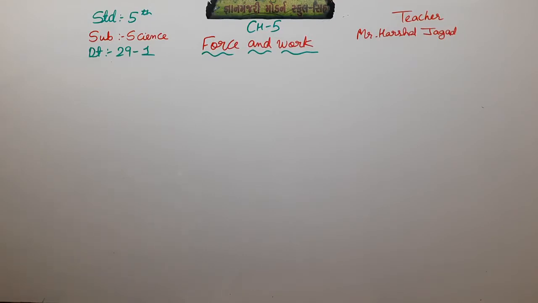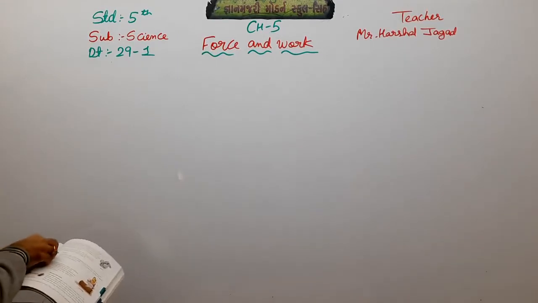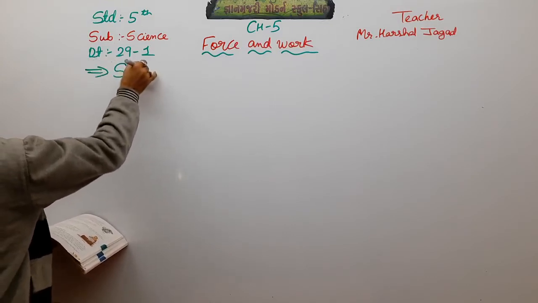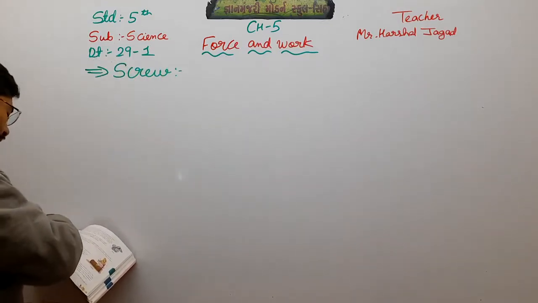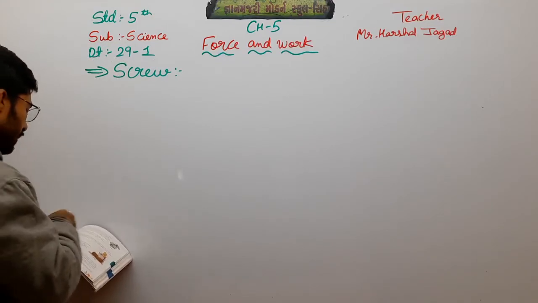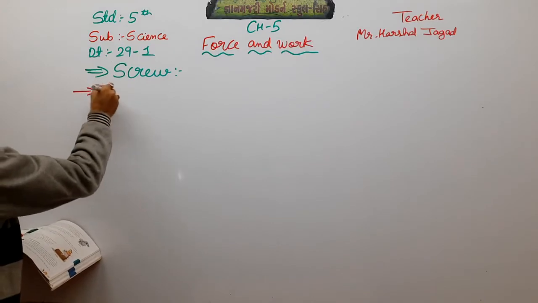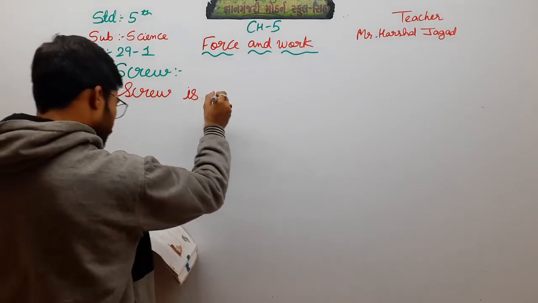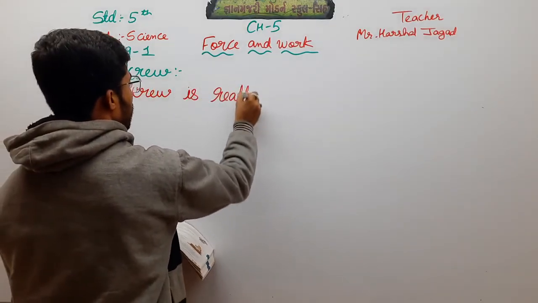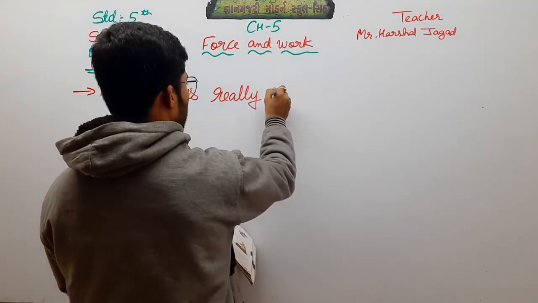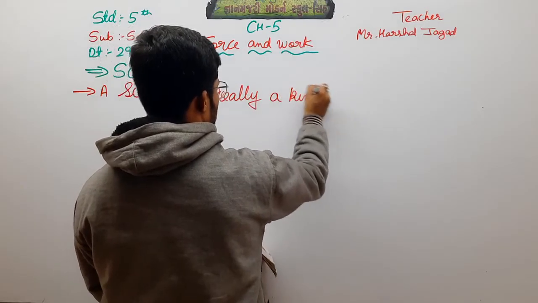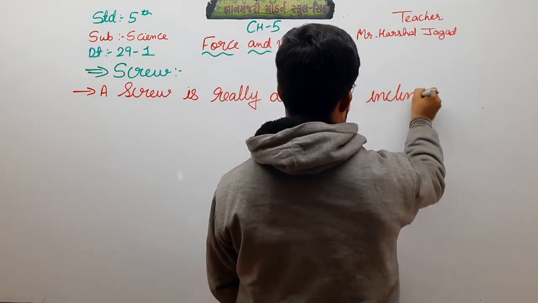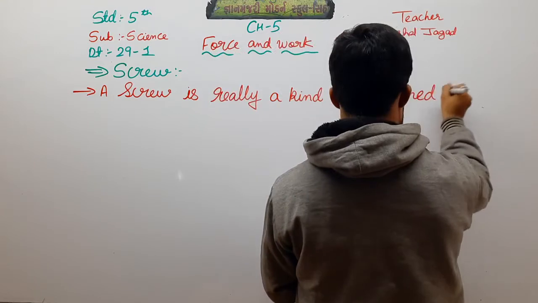So screw. Here we can write: a screw is really a kind of inclined plane.